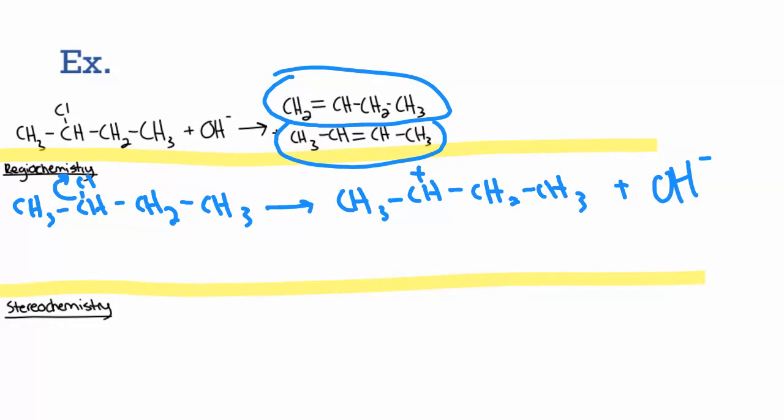So I'm going to take one of these hydrogens. A lone pair of electrons from oxygen will take this hydrogen here. The C-H bond will break. Those bonding electrons will go between here, form a double bond, and that will neutralize the positive charge.